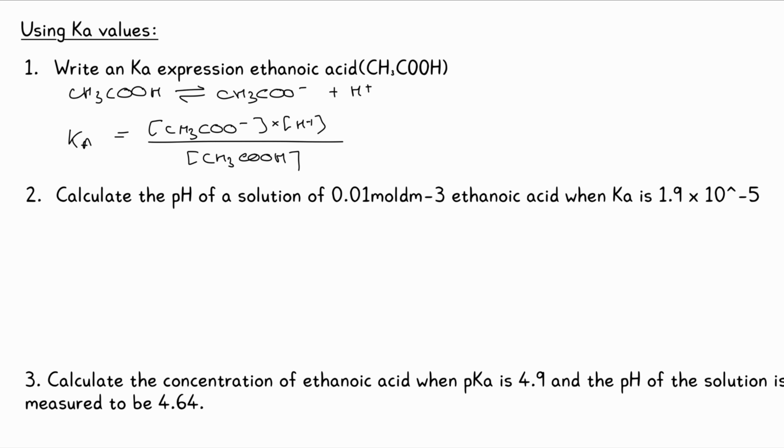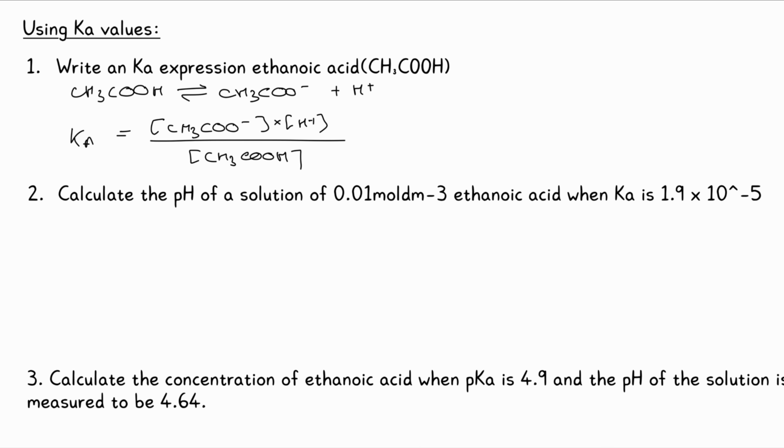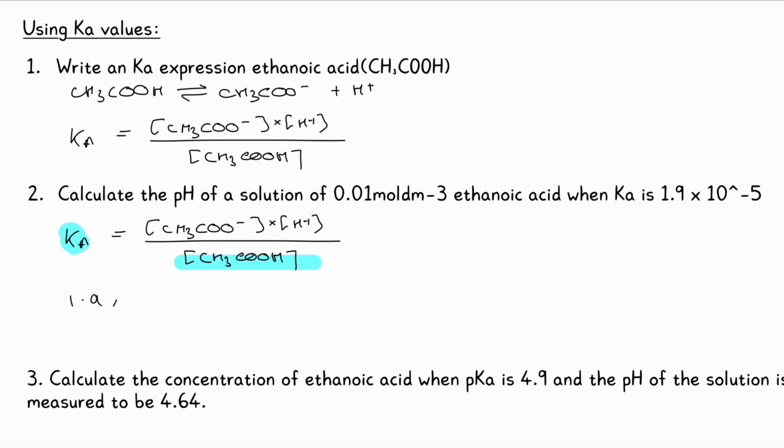Calculate the pH of a solution of 0.01 mol dm^-3 ethanoic acid when Ka is 1.9 times 10 to the minus 5. Now, I'm going to just use my Ka expression from before. I have my Ka value and I have my ethanoic acid concentration as well, so let's put those in.